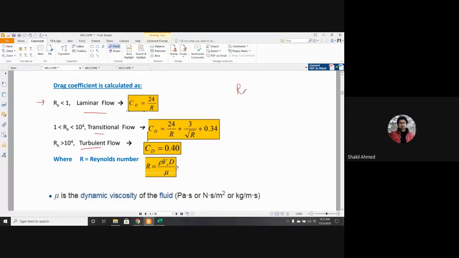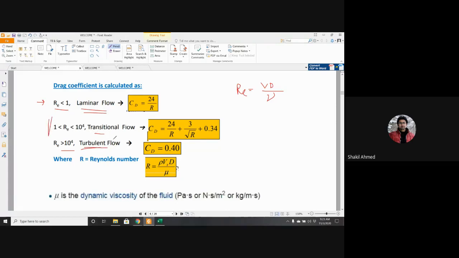Reynolds number is velocity into diameter divided by nu, right? In fluid, how did you define laminar and turbulent? 2000 and 4000, remember? But here, if it is less than 1, this is laminar flow. If it is greater than 10 to the power 4, this is turbulent flow. And if it is in between, it is transitional flow.